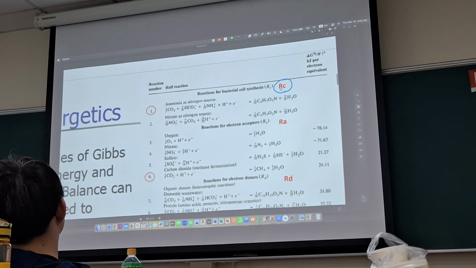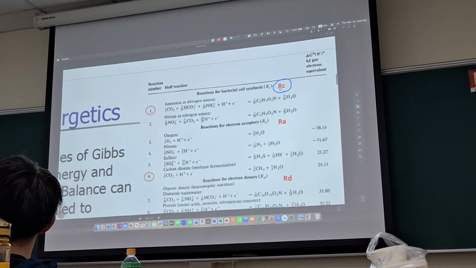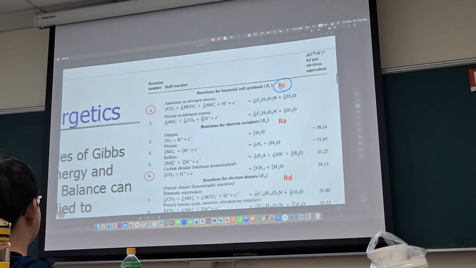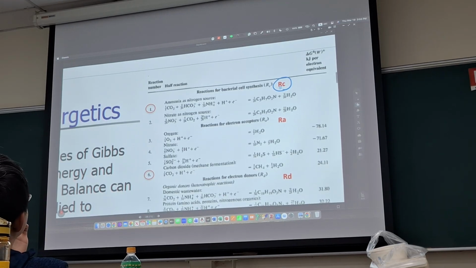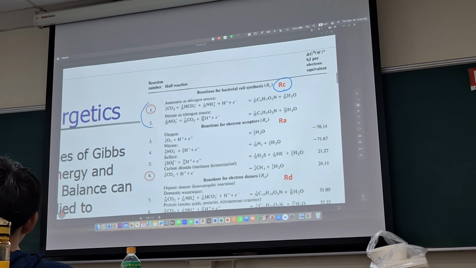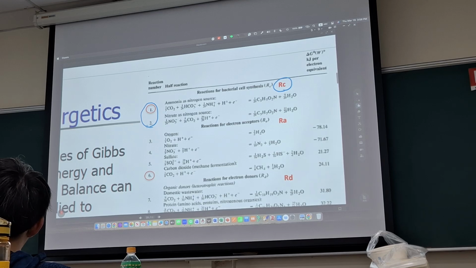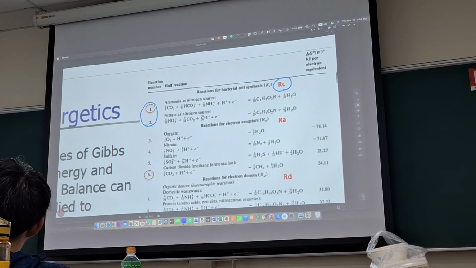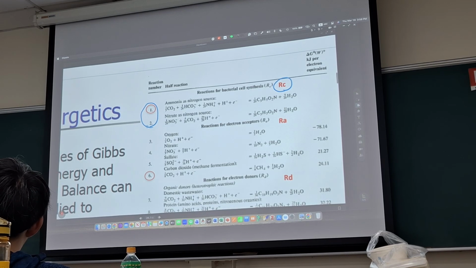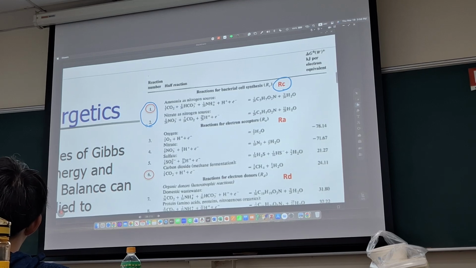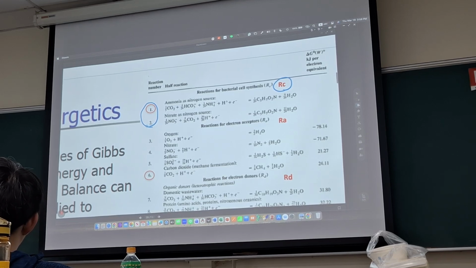RC stands for reactions for bacterial cell synthesis, and there are two. These two belong to RC. The first one is use ammonia as a nitrogen source.